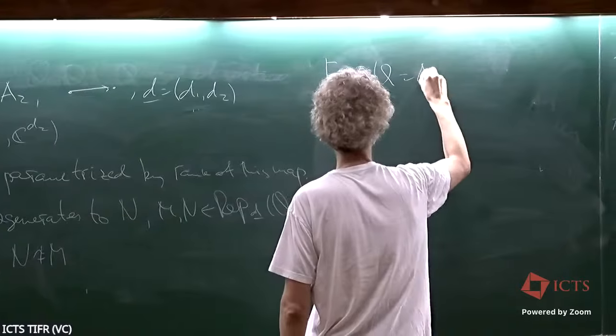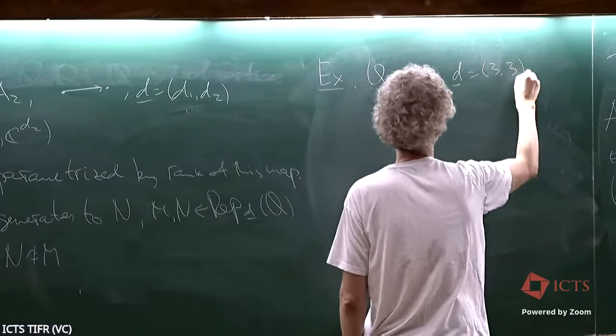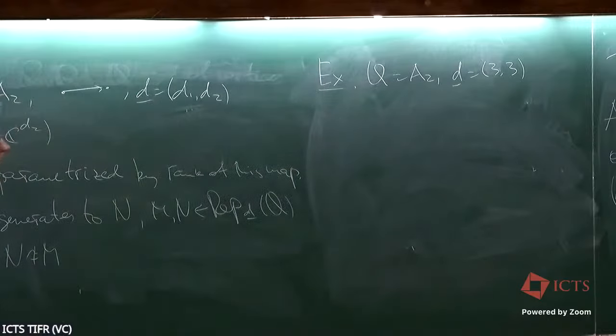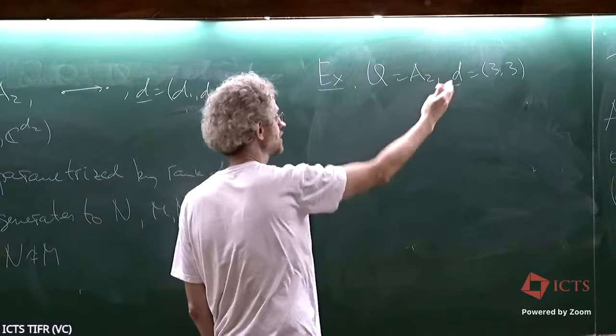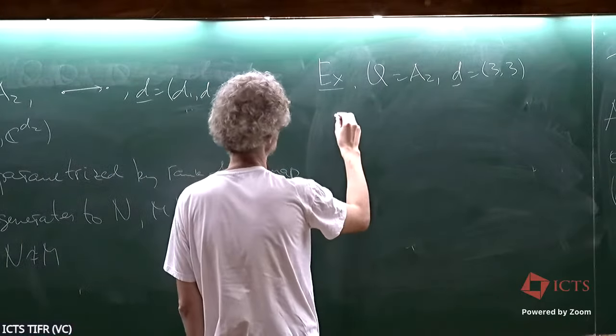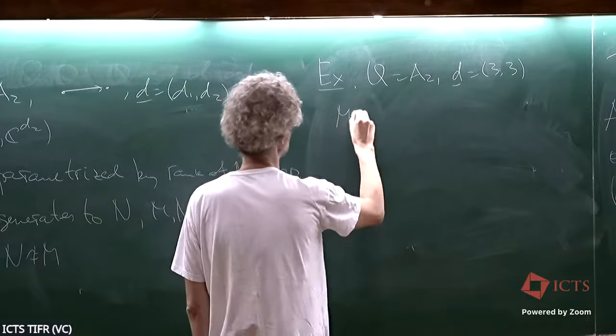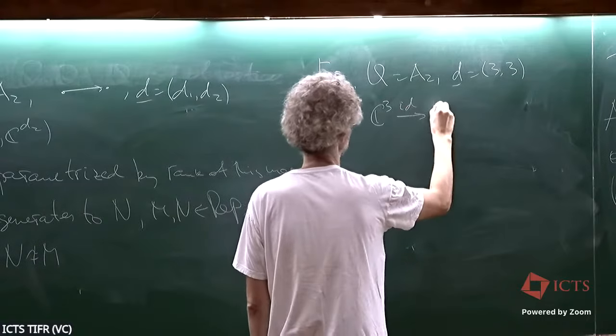Q is A2, and then let D be (3,3), just two three-dimensional spaces. There is some reason to put 3 here because this corresponds to SL3. And then there is an orbit, so we can take M of the form C^3, and then here just the identity map, and then C^3.